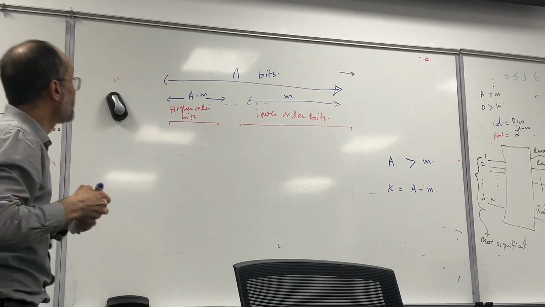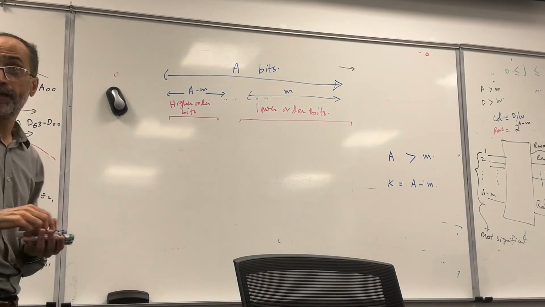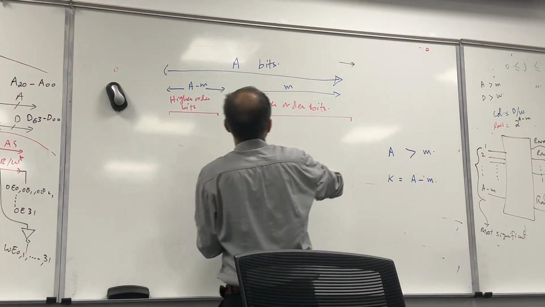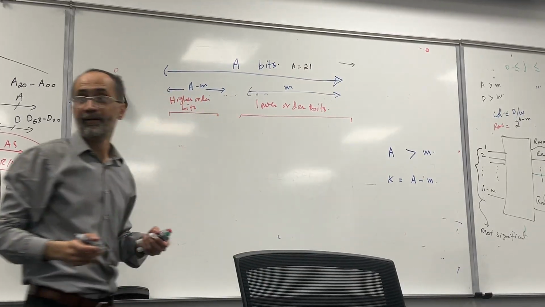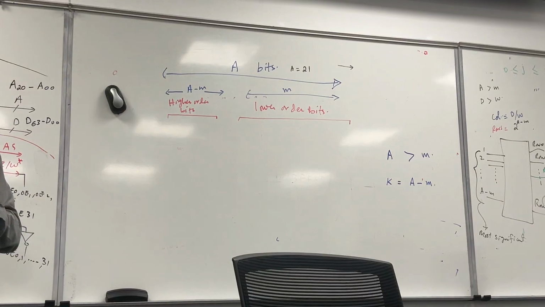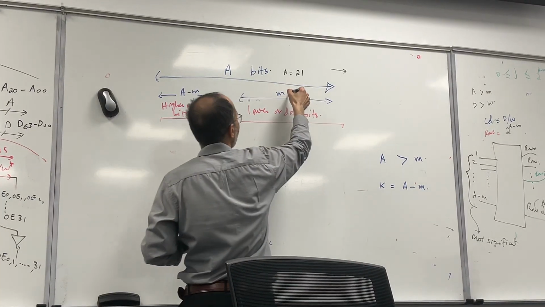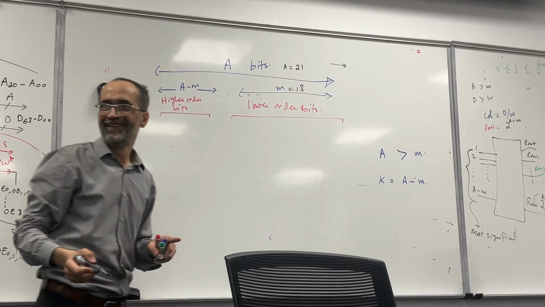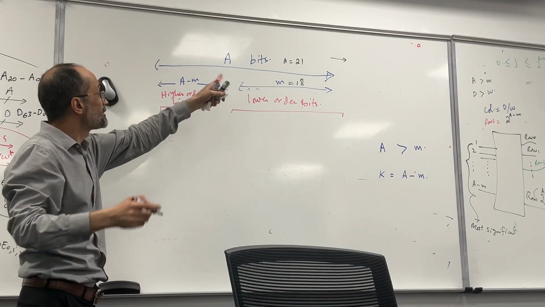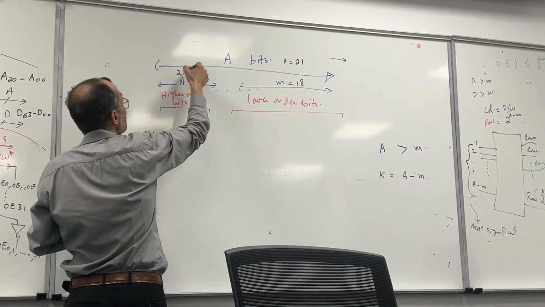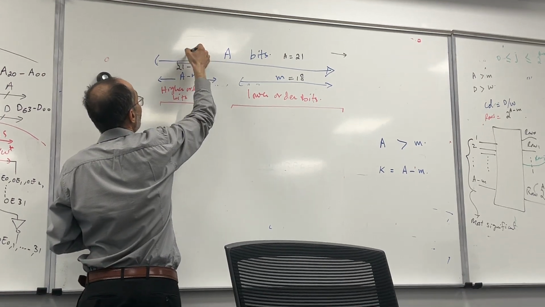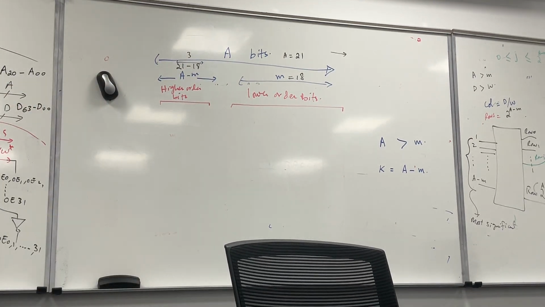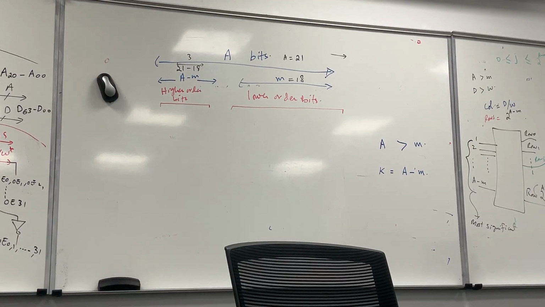In the example that we did, A was 21 bits and M was 18 bits. Then A minus M is 21 minus 18, which is 3 bits.